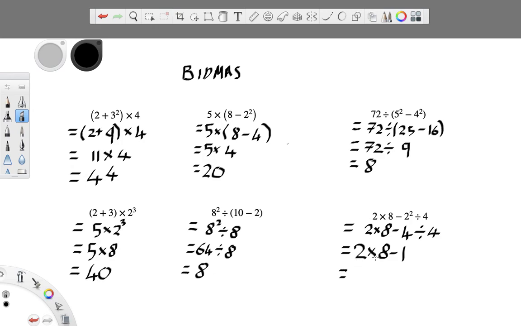We do. We've got 2 times 8. So 2 times 8 is 16. And then have we done anything with this minus 1? We haven't yet, so we'll leave it as it is. So we've just done a multiplication, we move across. Have we got an addition? No, we haven't. Have we got a subtraction? Yes. So 16 minus 1, which is of course 15.